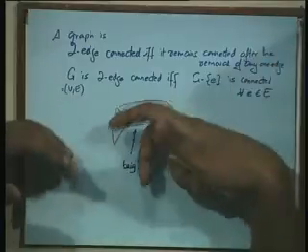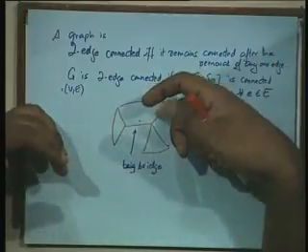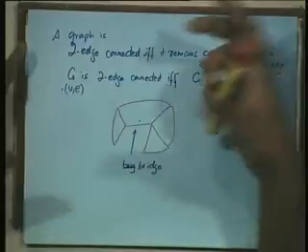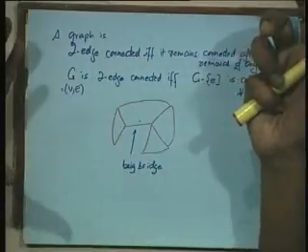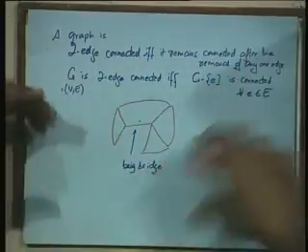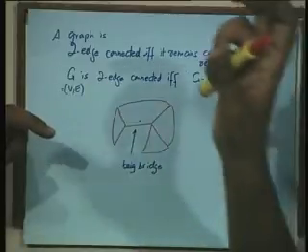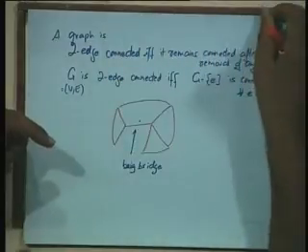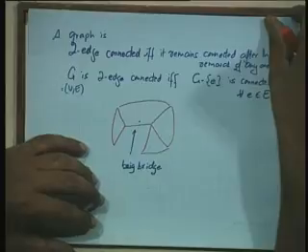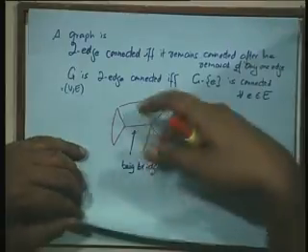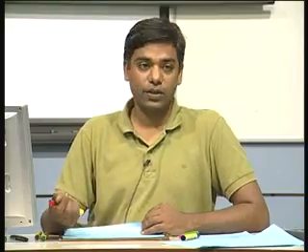But if the network were not 2 edge connected, then the failure of a link can cause the network to break down into disconnected components, so that messages cannot go from one connected component to the other anymore. So, this is basically measuring reliability of the network.